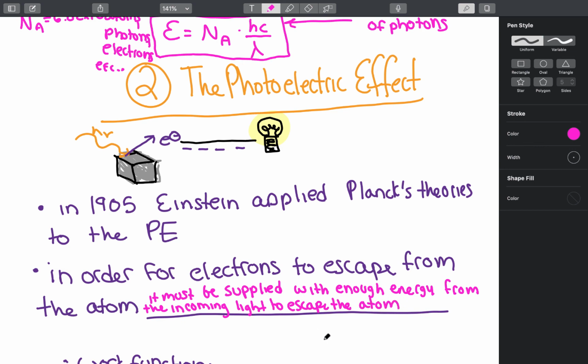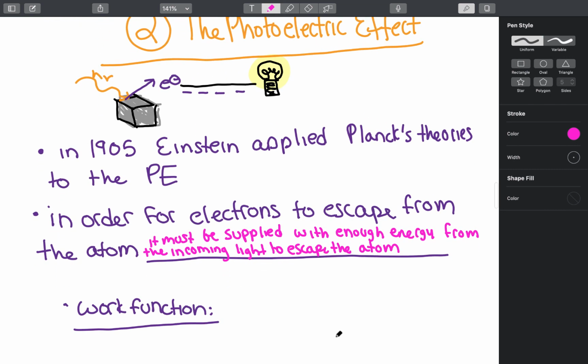So in order for the electron to escape, it must be hit with enough energy in order to overcome the attractive forces of the atom. And he called this minimum amount of energy the work function.